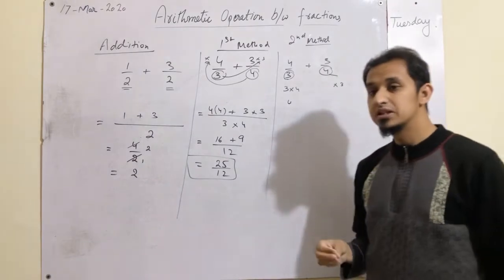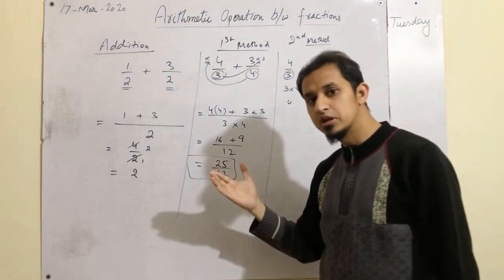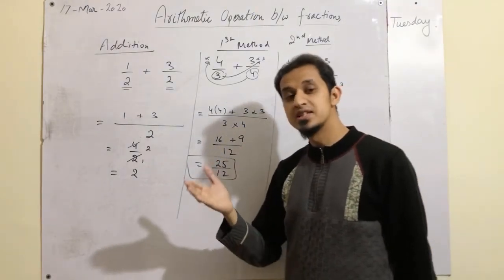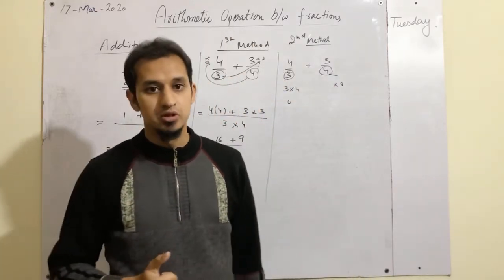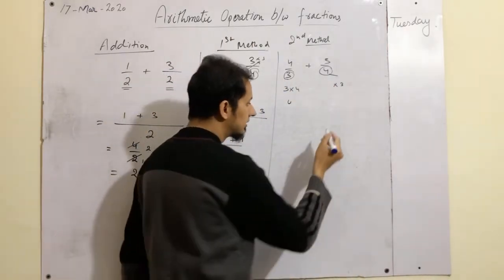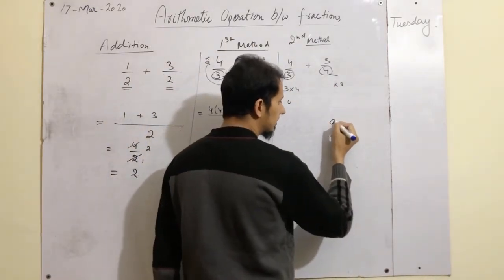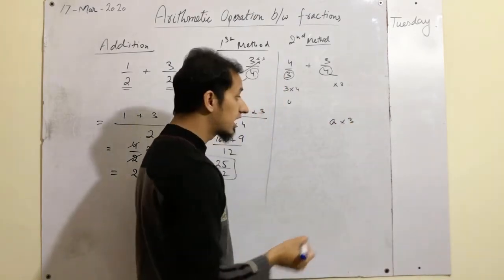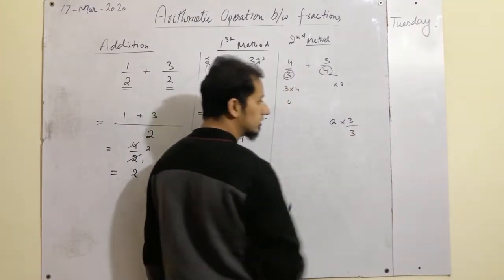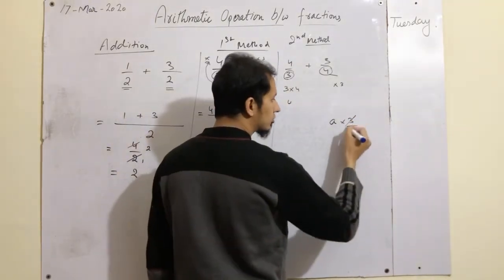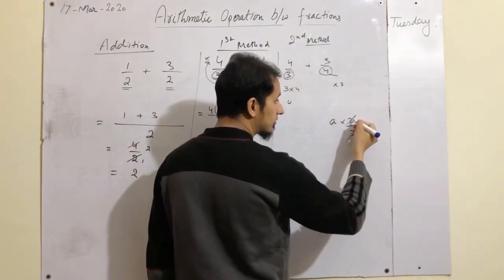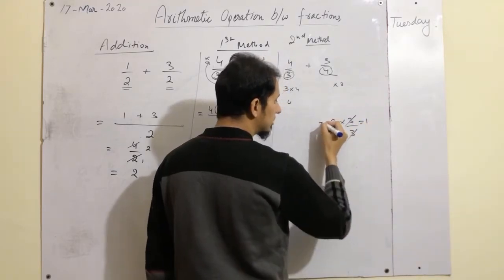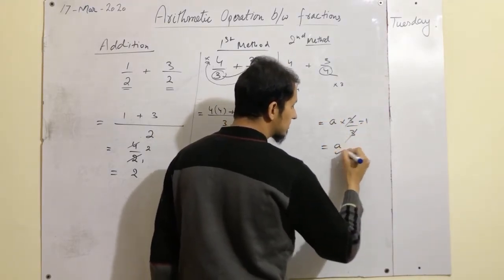If I multiply a number by some number, I should divide by the same number, because for example, if I multiply by 3 and then divide by 3, it is equal to 1 and the number remains the same.